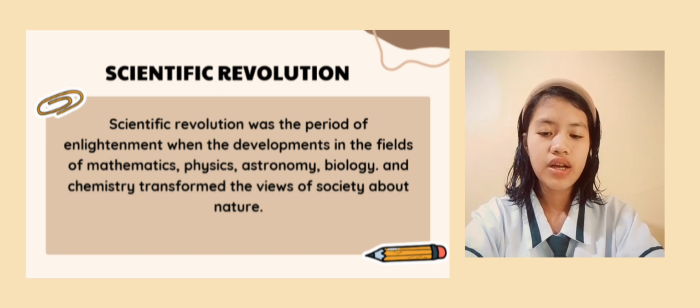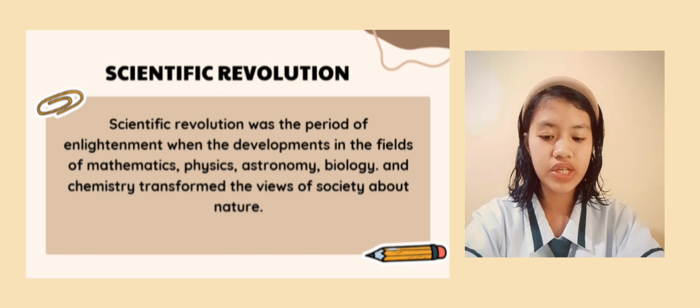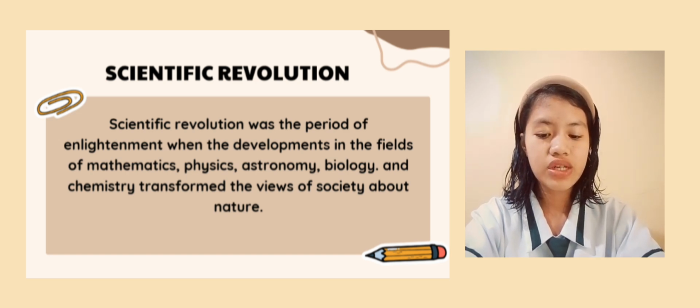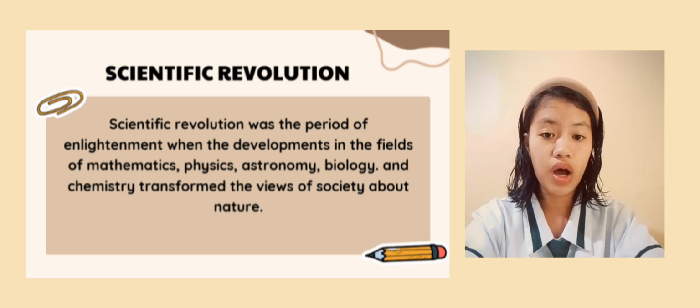In astronomy, Copernicus, Galileo Galilei, and Johannes Kepler showed that the sun is the center of the solar system. In biology, detailed studies of organisms and their processes began, along with William Harvey's discovery of blood circulation.